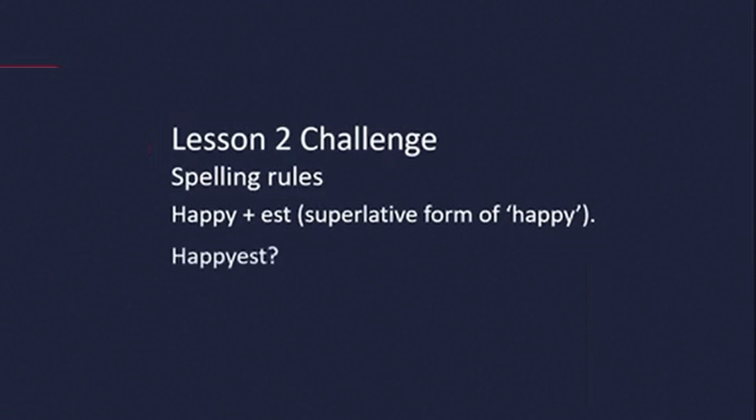Did you write happiest like that? Hopefully not. Remember, you can't simply add a suffix to a word that ends in Y. You have to change the letter Y to I first, and then you can add the suffix, like this.